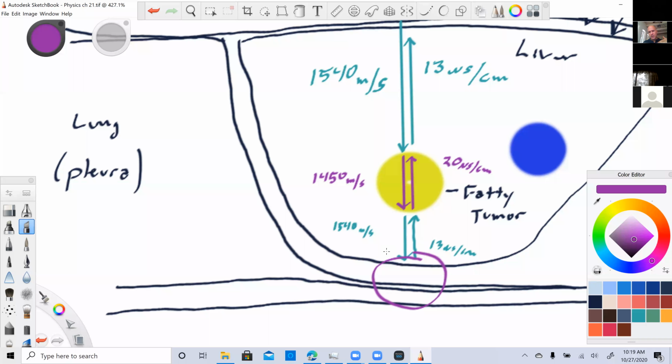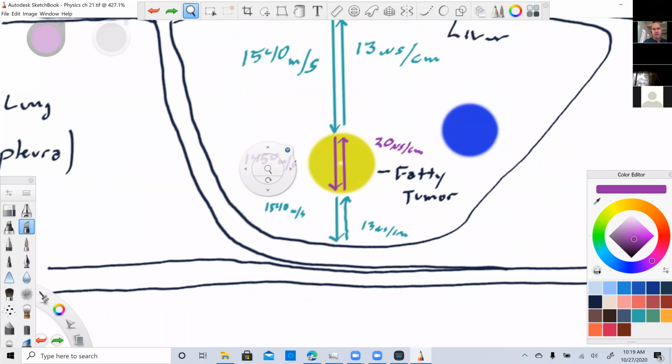If it took longer for the echoes to come back, it must be that they're deeper, right? The longer it takes for something to come back, let's try. Well, I guess I'm just going to have to erase that.